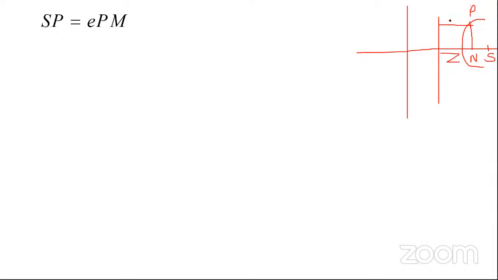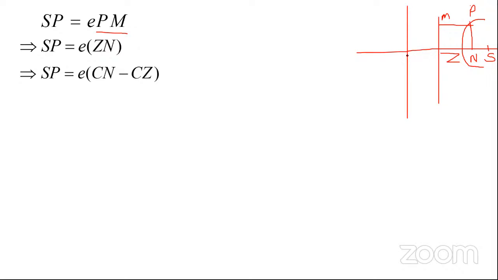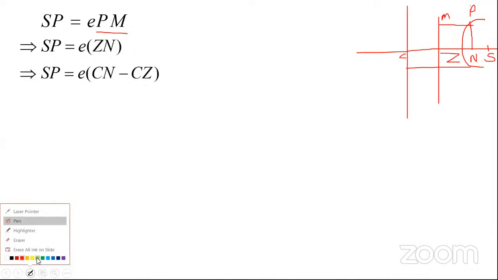This is Z and this is M. Here PM is parallel to ZN. I'm taking the ZN value: CN minus CZ, which is nothing but ZN or NZ.